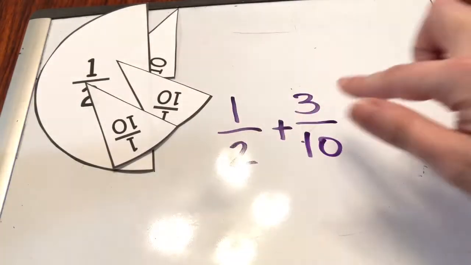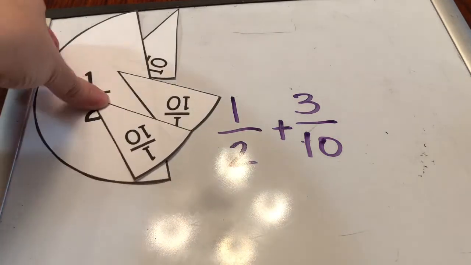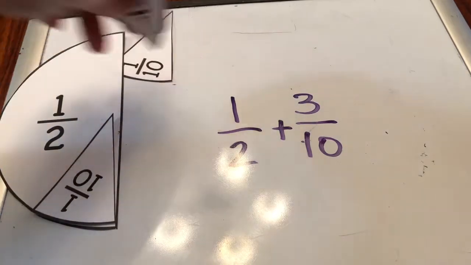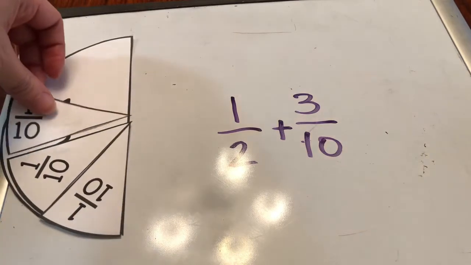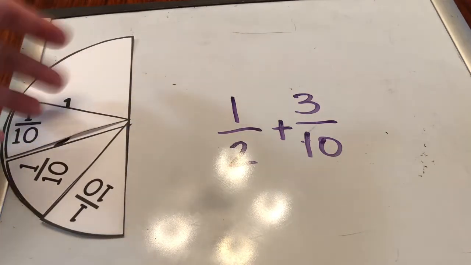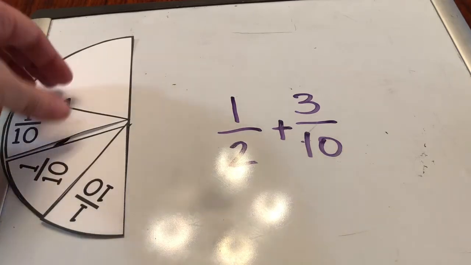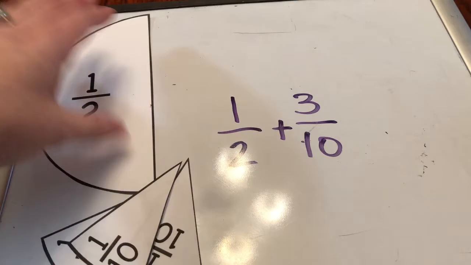I can't do it this way. I have to change one of them. My tenths are not going to make a half. You see that? They're too small to make a half. So I have to turn the half into tenths, which I can do.